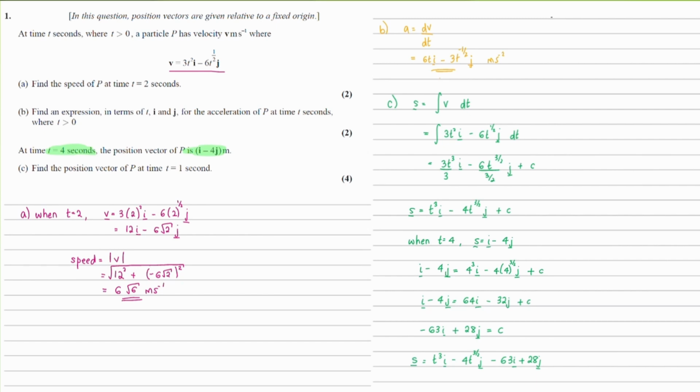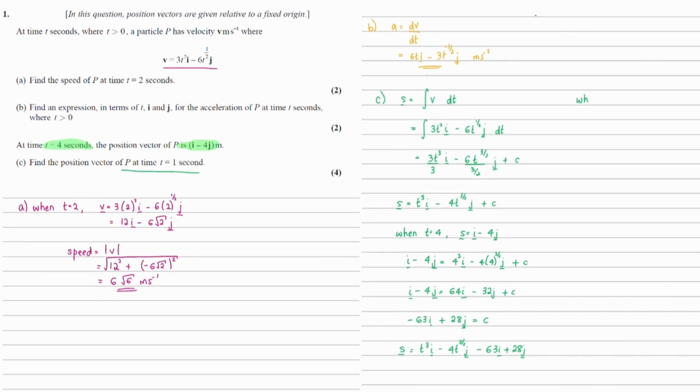In part C, we are looking for the position vector of P when t is equal to 1 second. So when t is equal to 1, we can substitute our t as 1 into the equation we've got for s. So s will be equal to 1 cubed i minus 4 times 1 to the power 3 over 2 j minus 63i plus 28j.